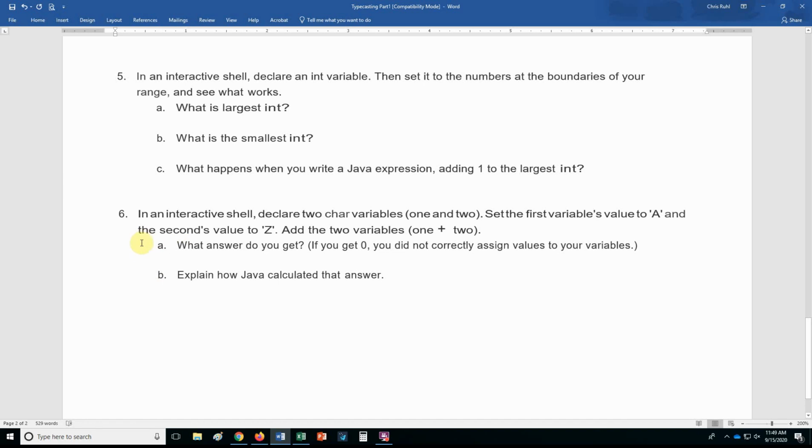That's what you get for A. And then show how you got that answer in B. But you have to use the ASCII table and use the decimal values to do that. And that concludes part 1 of typecasting.